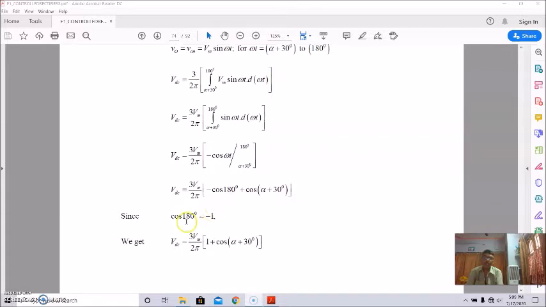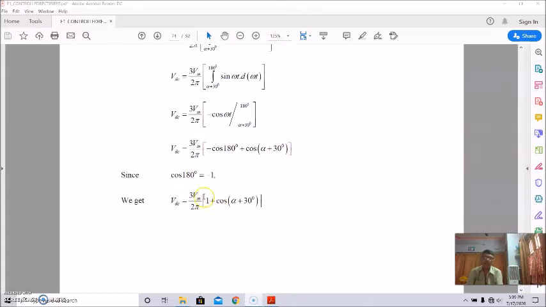And cos 180 degree is minus 1, so minus 1 becomes plus 1. So VDC equal to 3 Vm by 2 pi times 1 plus cos of alpha plus 30 degree.